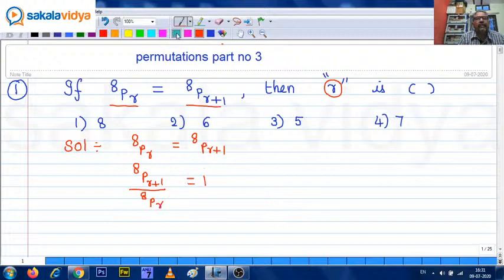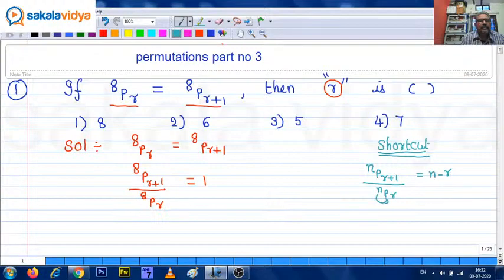We have one shortcut formula. Any late viewers who were not present for my previous sessions, you can note down this shortcut. What is the shortcut? nP(r+1) upon nPr equals simply n minus r.